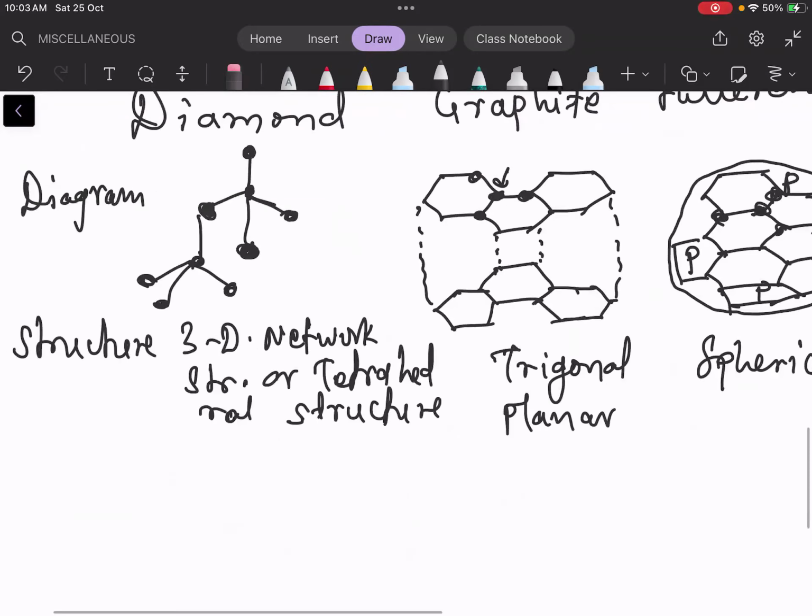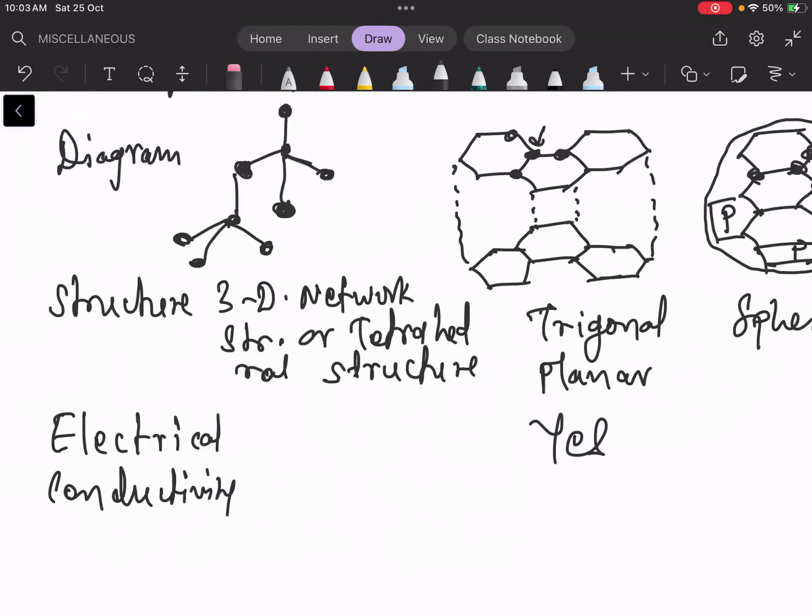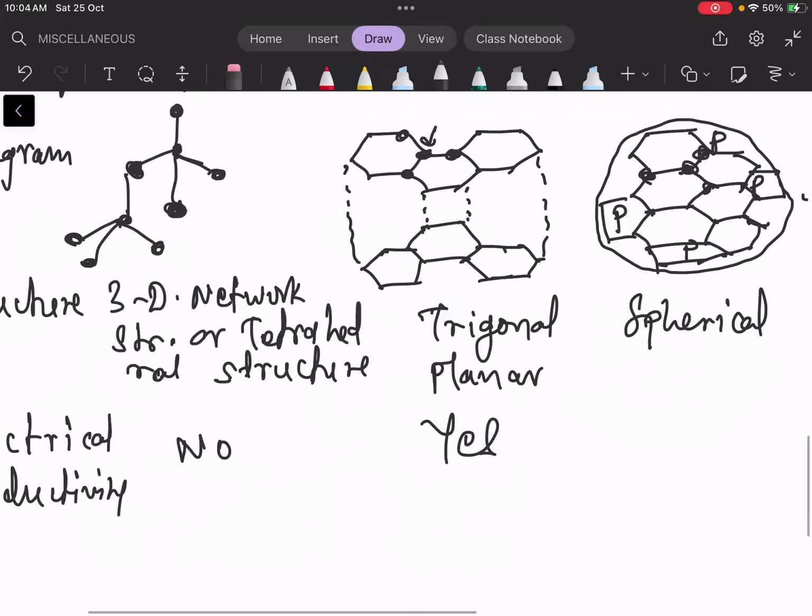The next point is electrical conductivity. Generally, only graphite is an electrical conductor, since it consists of alternate single and double bonds, like a benzene ring-like structure.